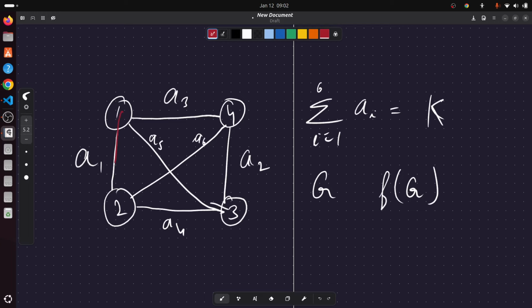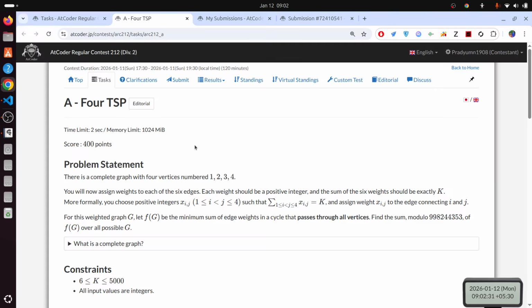Let's say this can be a cycle. Or if I do it like this, this path also visits all 4 vertices. But we don't have to consider this path because it doesn't visit all the vertices, it doesn't visit this third vertex, right?